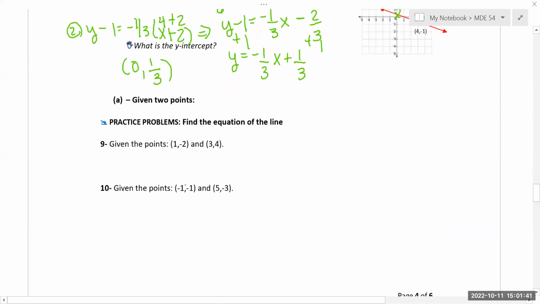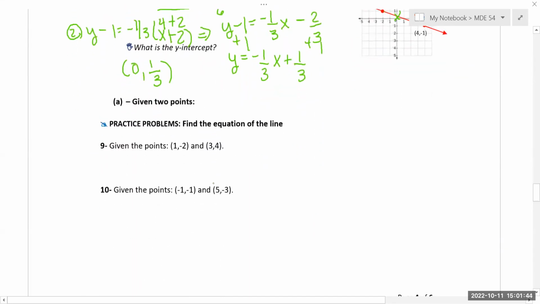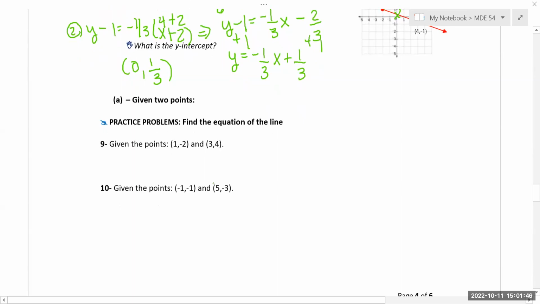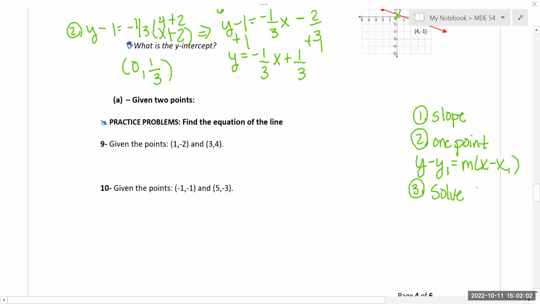Now, if you want to do it based on no graph and you only have the points, it's the same idea: you would want to find the slope, use 1 point, and then solve for y. Okay, so pause it, make sure you can do it, go for it. And then when you turn the video back on, make sure you were okay.